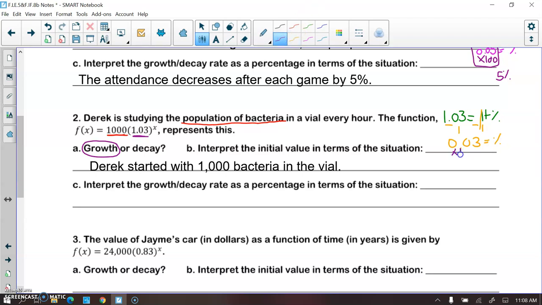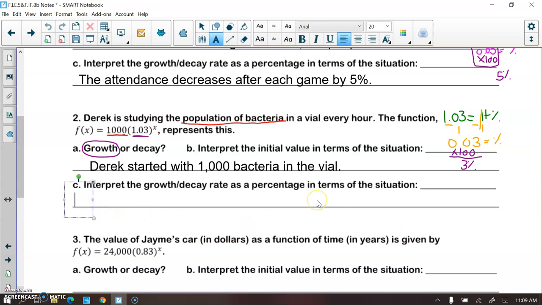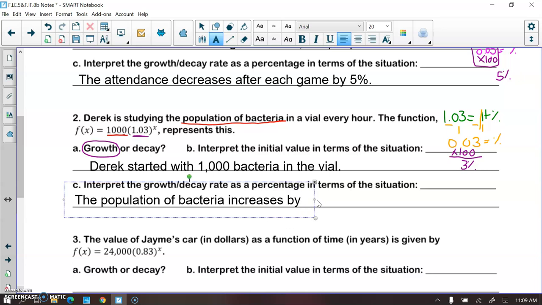To get it into percentage form, I need to multiply by 100 to get 3%. We're talking about the population every hour. So the population of bacteria increases by 3% every hour.